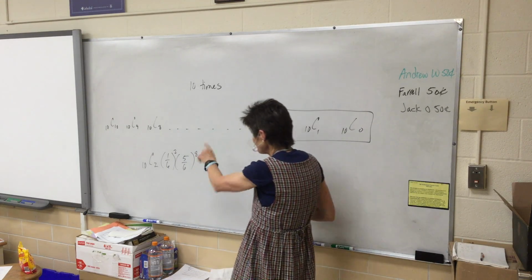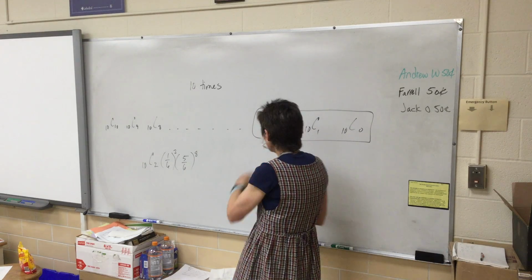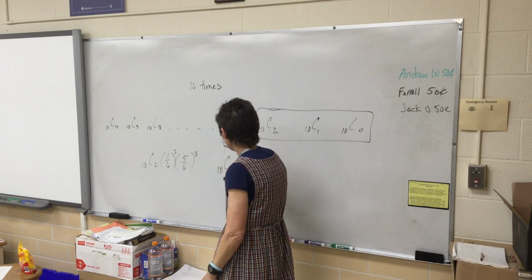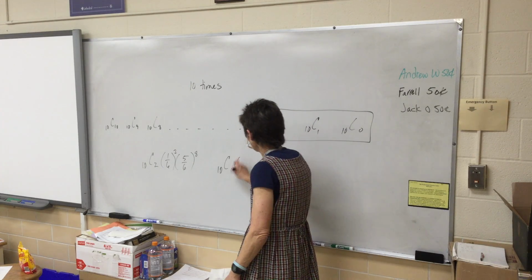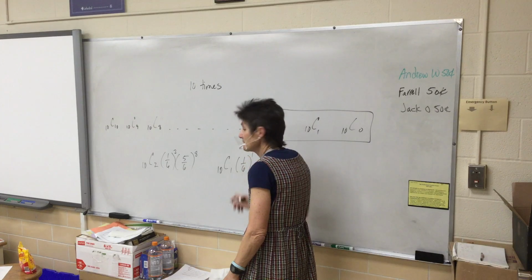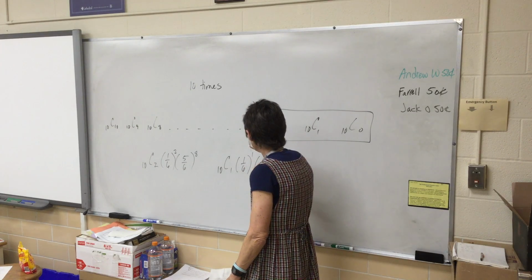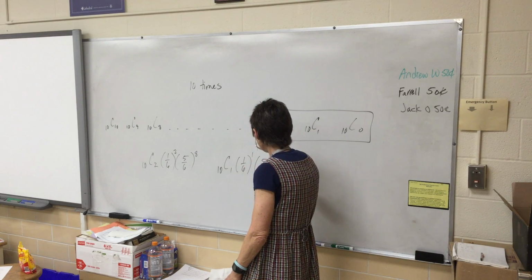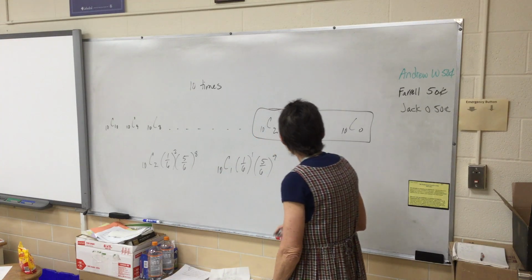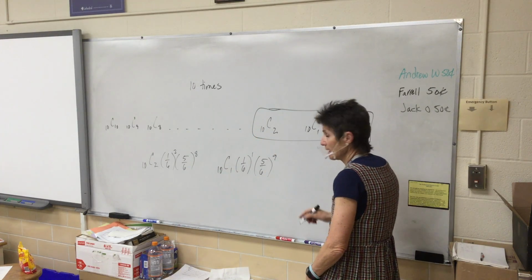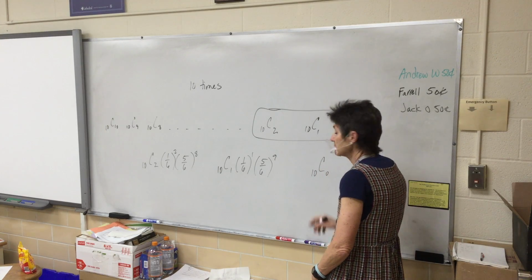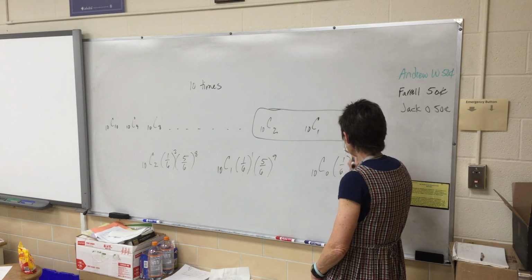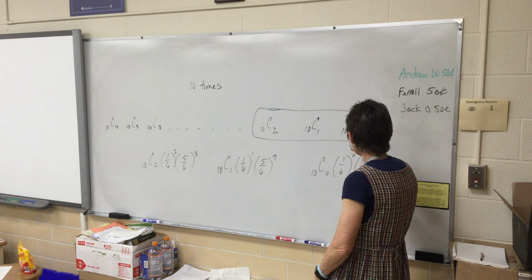All right, so that takes care of 2 6s. All right, so what's 1/6 going to look like? 10C1, 1/6 to the 1st, and 5/6 to the 9th. And then what does no 6s look like? 10C0, and then 1/6 to the 0, and 5/6 to the 10th.